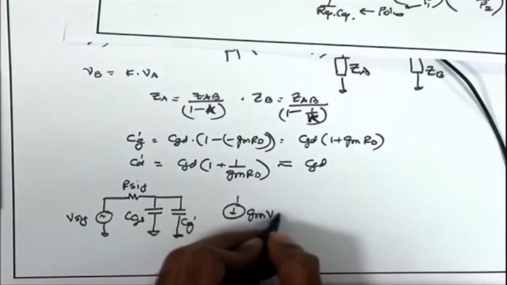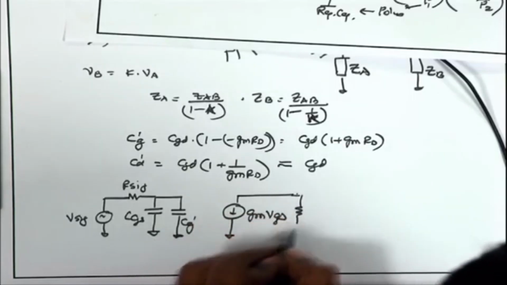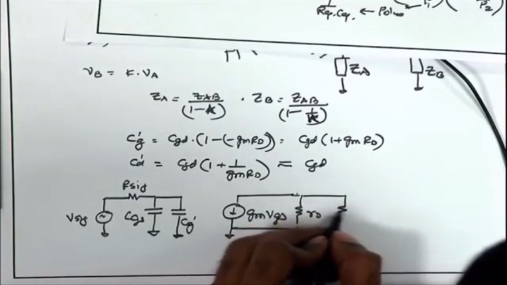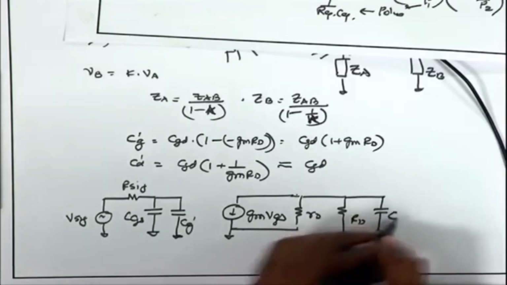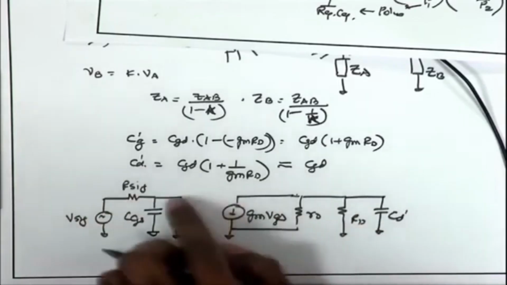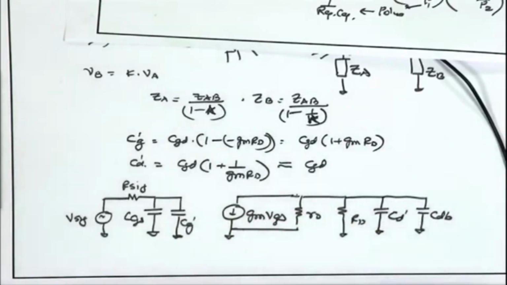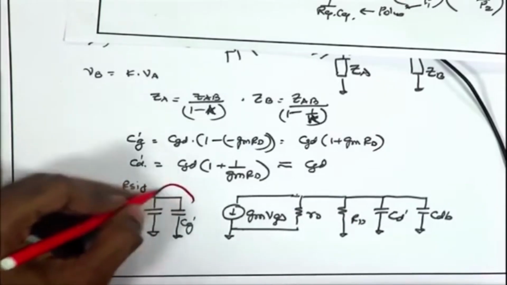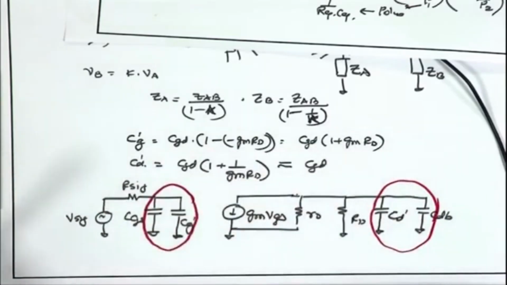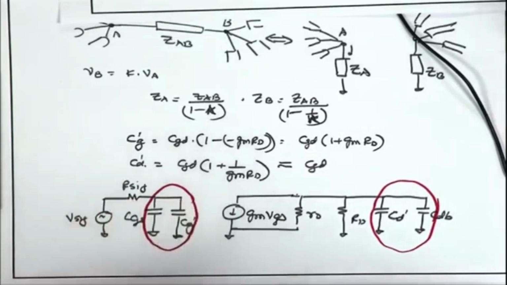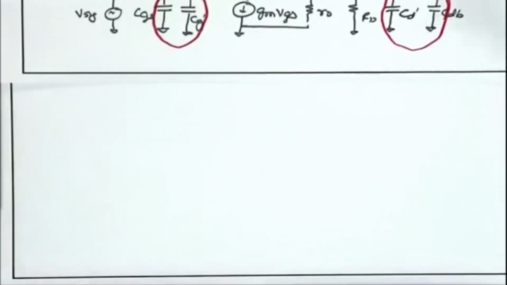I have gm VGS, likewise I have RO and RD, and on this side I have CD dash, which I have just arrived at by breaking the CGD once again, and I also have CDB. Now, these two capacitances CGS and CG dash can be combined together, likewise the other capacitances can be combined together into a single capacitance, because they are appearing between this node and AC ground, and I can arrive at a resulting simplified model for my frequency response.